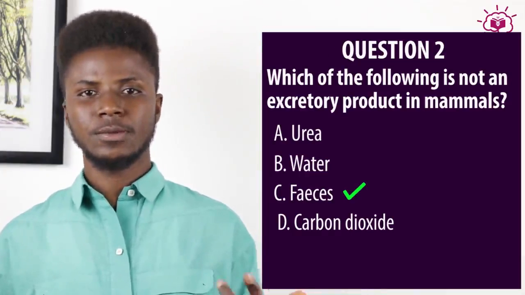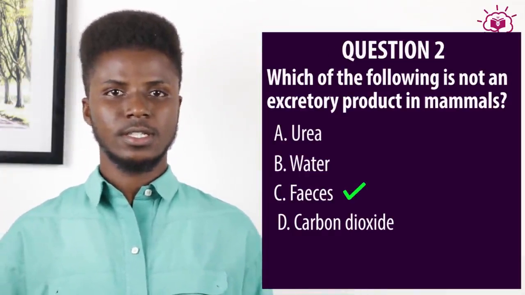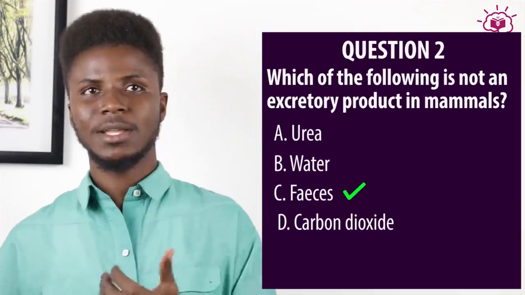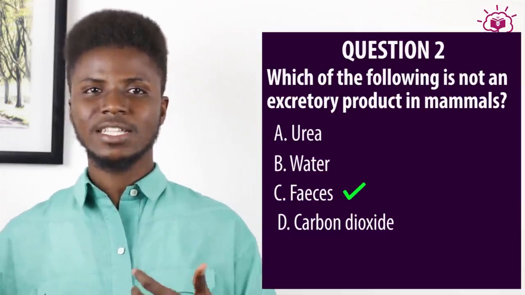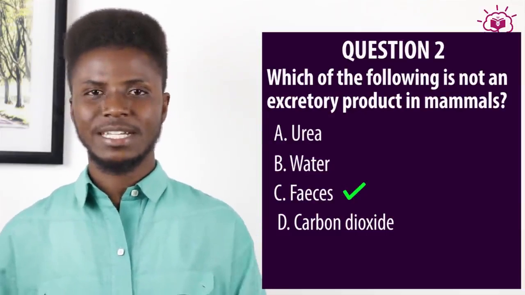So that shows the difference between ingestion, which is feces, and the other ones, which are metabolic waste. They came after the end of a process. They were spent, and those are the waste products. While feces is not a waste product, but it was an unused product. So let's go to the next question.